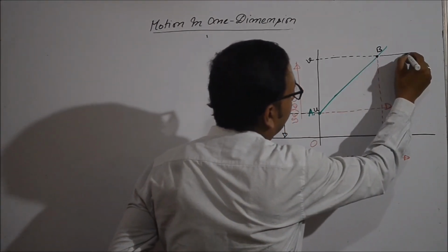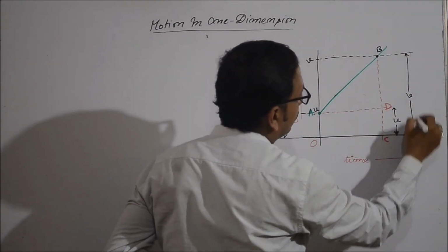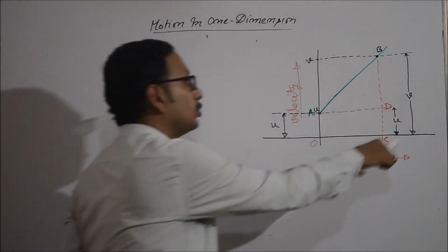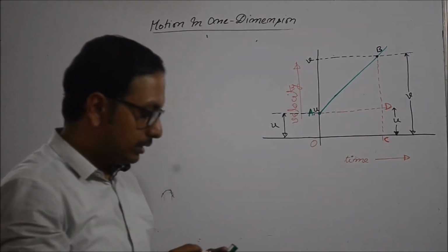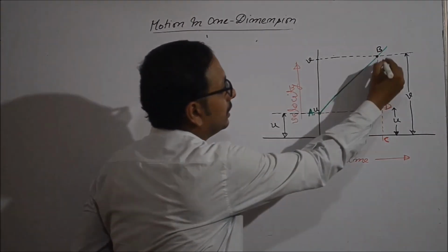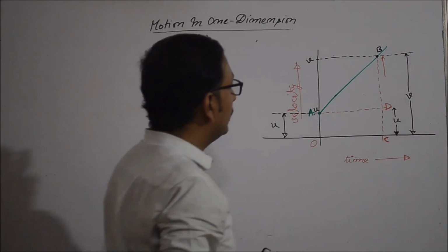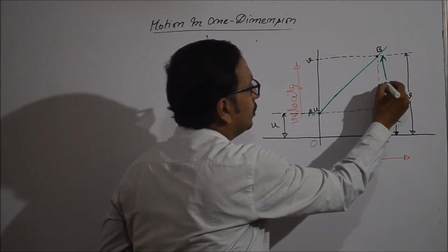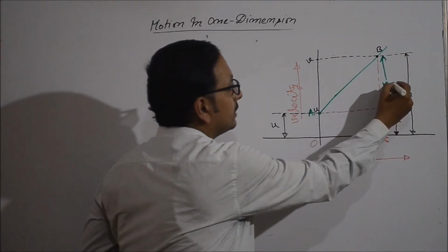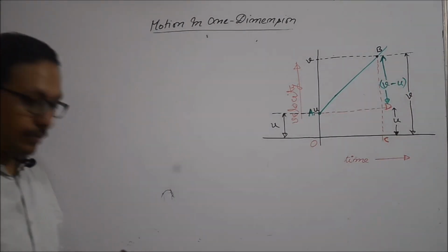If I draw this line, then this is v. If the total portion is v and this part is u, what will be the length of DB? This length will be v, the total velocity, minus u, so v minus u.